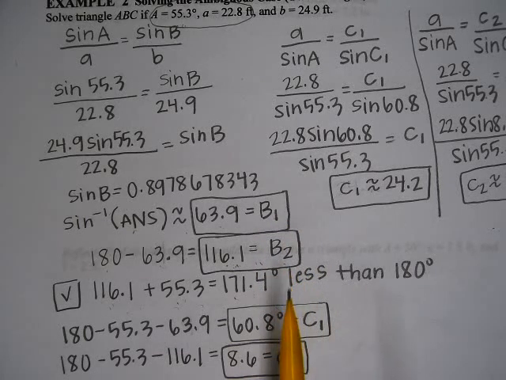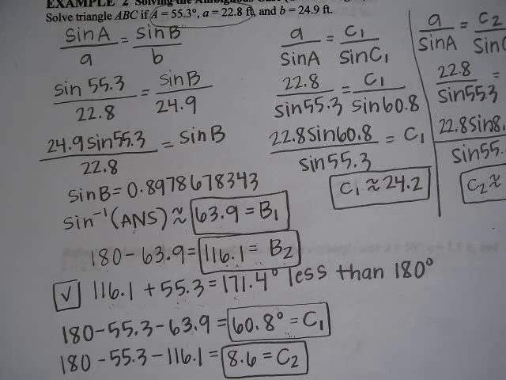So now that means we're going to finish solving it the same way we've been solving it, but we're going to have two triangles, right? So everything that we find, we're going to find twice. So we were given big A in the problem. We just found big B for triangle 1 and for triangle 2.